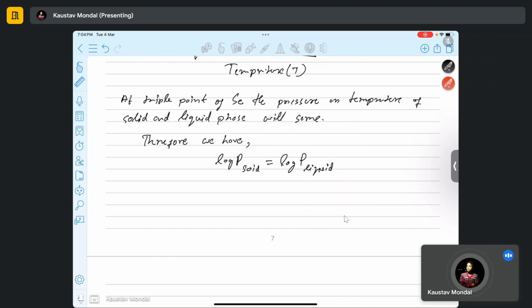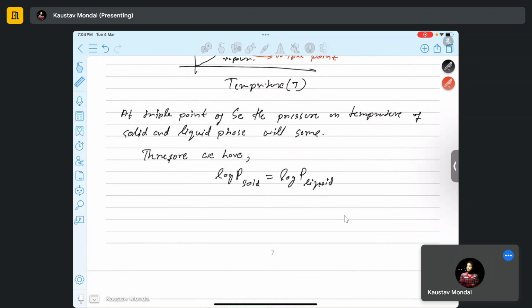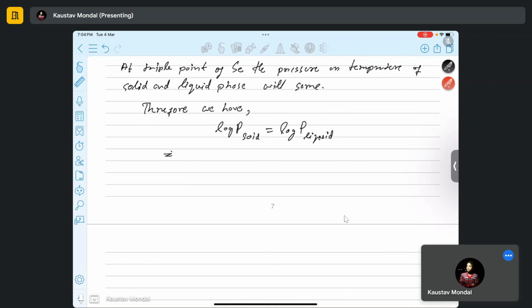This gives minus 7440 by T plus 12.78 equals minus 5390 by T plus 8.63.